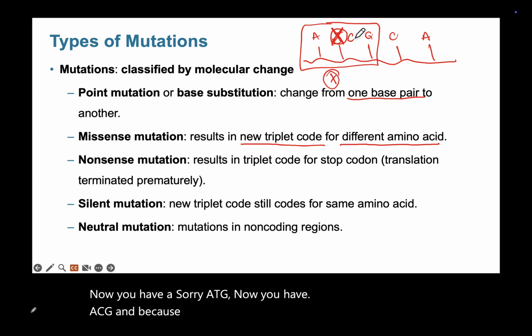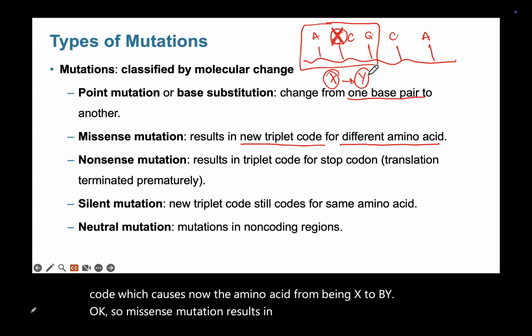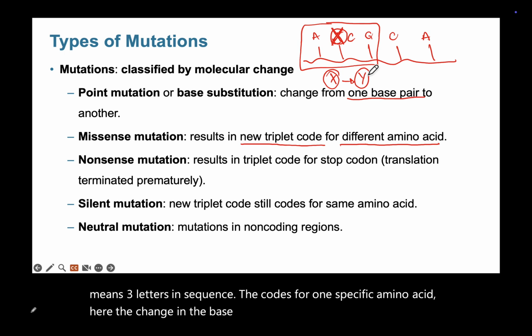And because of this missense mutation, you have a new triplet code, which causes the amino acid to go from X to Y. So missense mutation results in a new triplet code. Triplet means 3 letters in sequence that code for one specific amino acid. Here, the change in the base pair gives you a different amino acid.